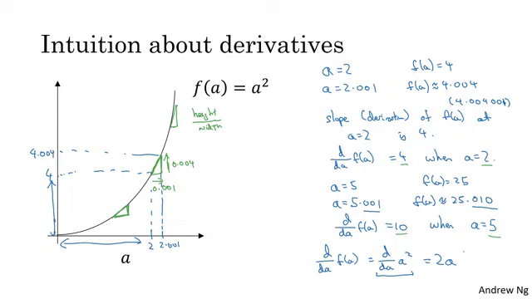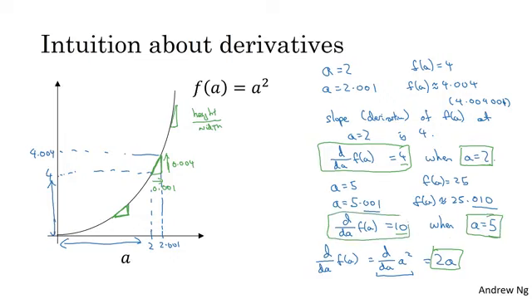And indeed, this is consistent with what we've worked out. Namely, when a is equal to 2, the slope of the function 2a is 2 times 2, which is equal to 4. And when a is equal to 5, then the slope 2 times a is 2 times 5, which is equal to 10.